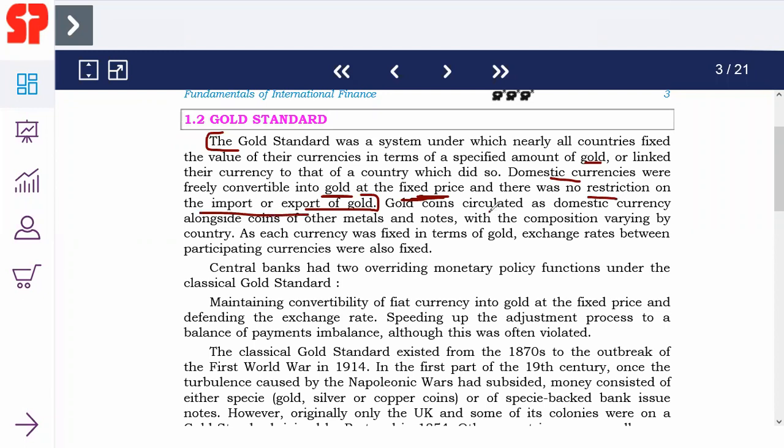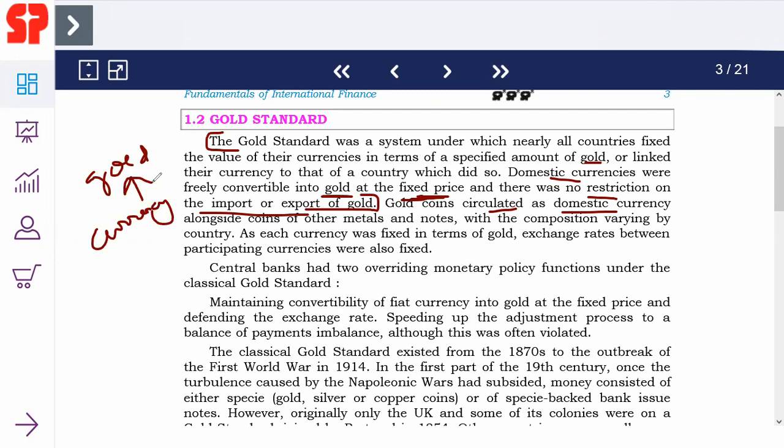So gold coins were circulated as domestic currency. Obviously, if you are linking your currency to gold, you can say that gold is also equal to your currency. Both are the same thing, no? You have gold or currency. Both will be the same only, because currency is ultimately linked to what?